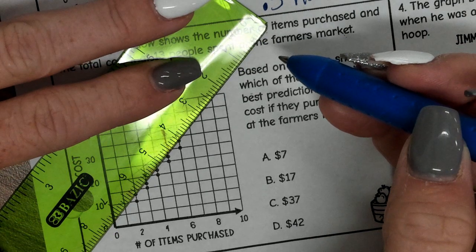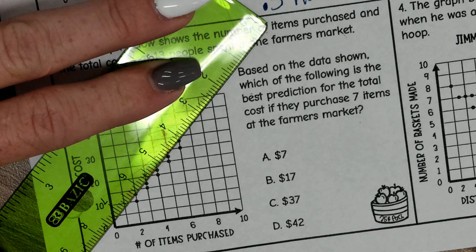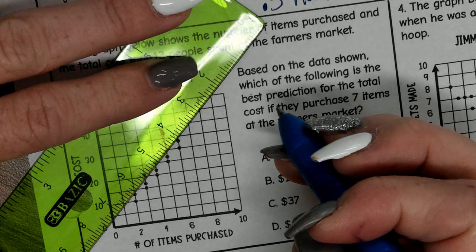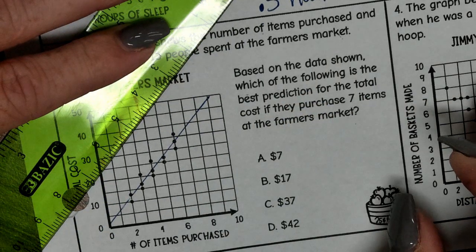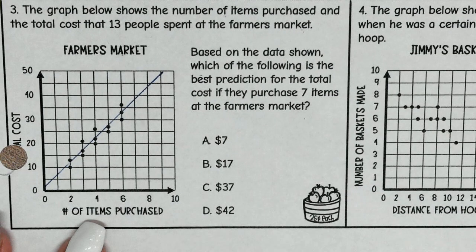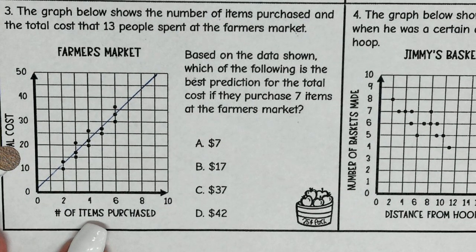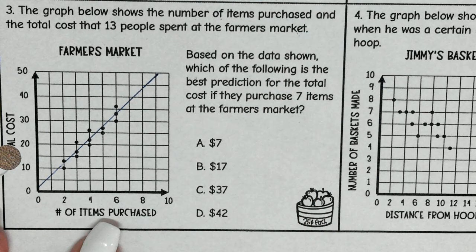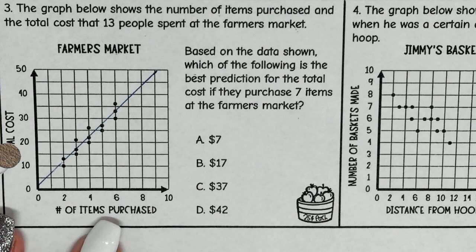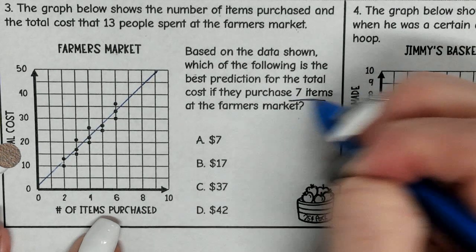Go draw my trend line. Based on the data shown, which of the following is the best prediction for the total cost if they purchase 7 items? So where would 7 items be?